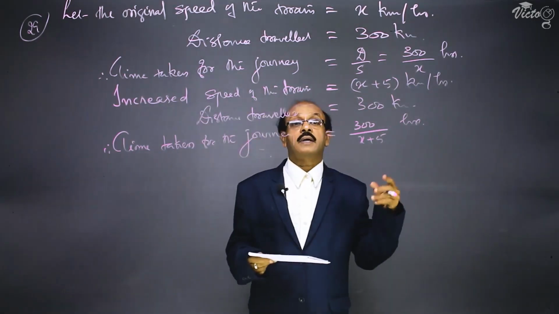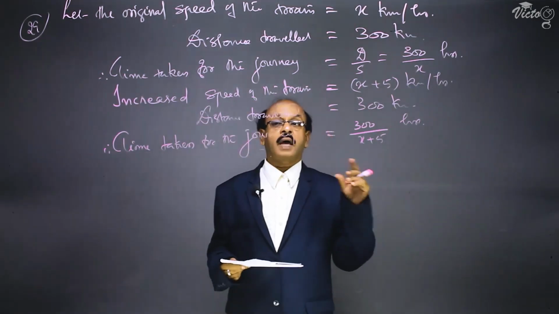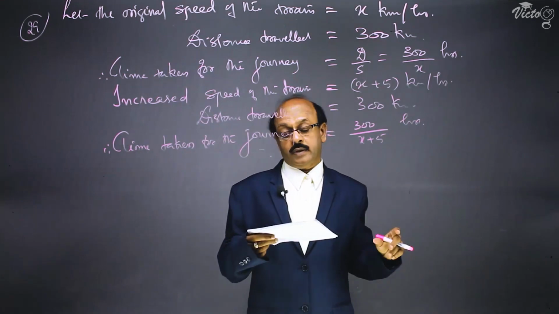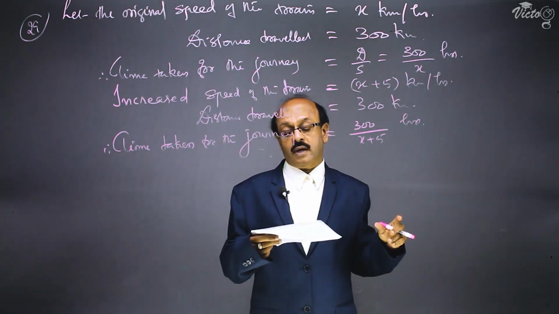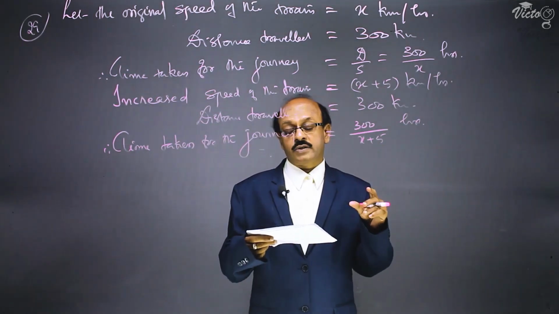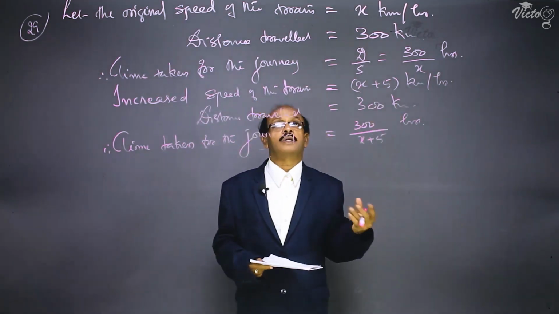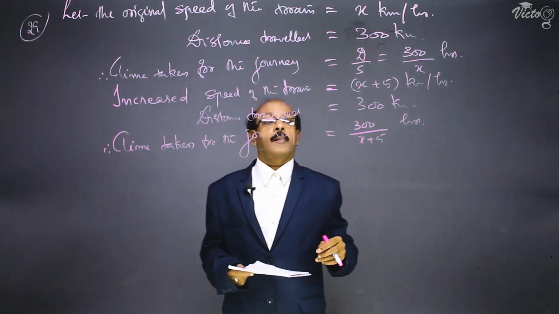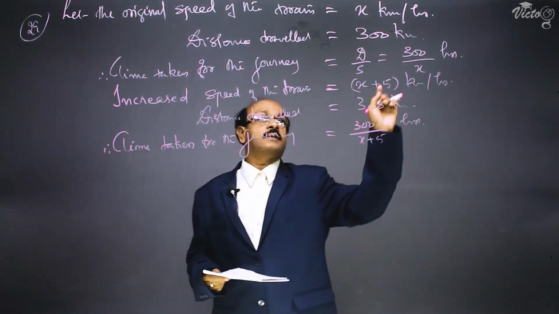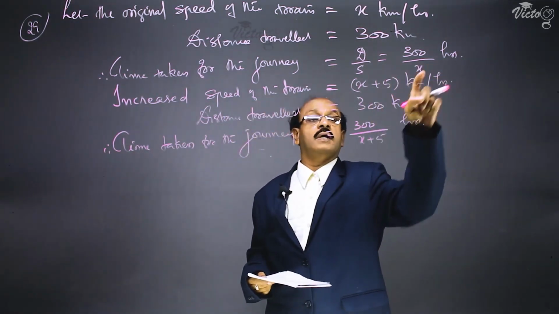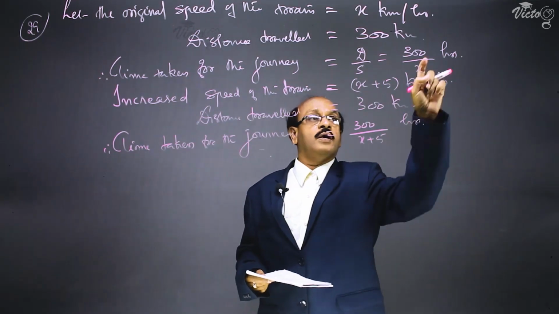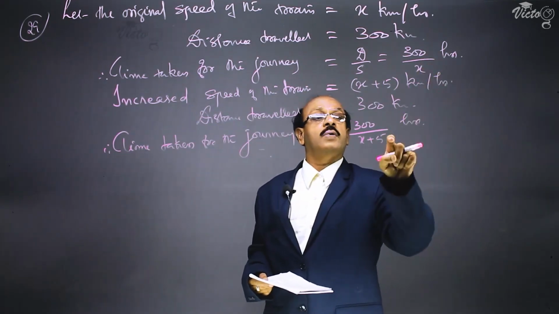When the speed is increased, the time taken will be reduced. It is given in the question that this time is 2 hours less than the time taken by the original speed. So, if it is 5 hours, it is only 3 hours. If it is 10 hours, it is only 8 hours.